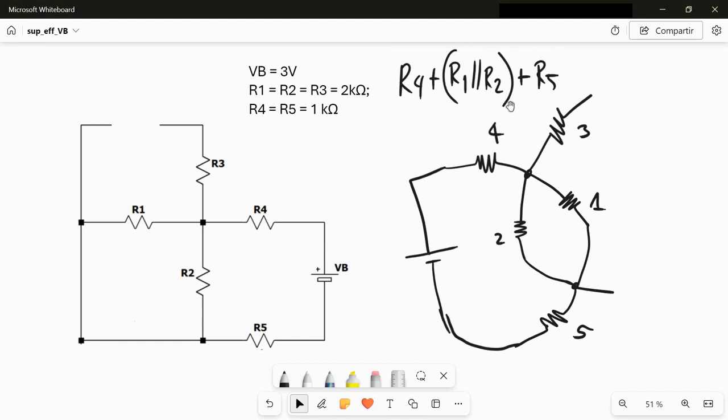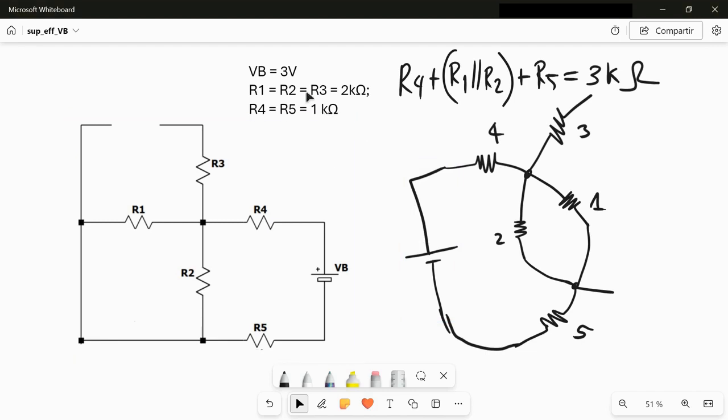In parallel, 2 kilo with 2 kilo is 1 kilo. So this value is actually 3 kilo. I have done another video about equivalent resistance. Watch it if you are not clear on this interpretation of equivalent resistance. So the battery sees 3 kilo here.